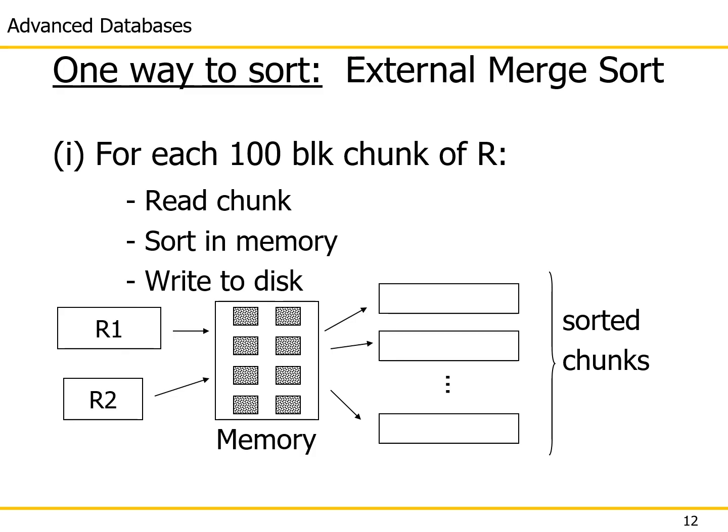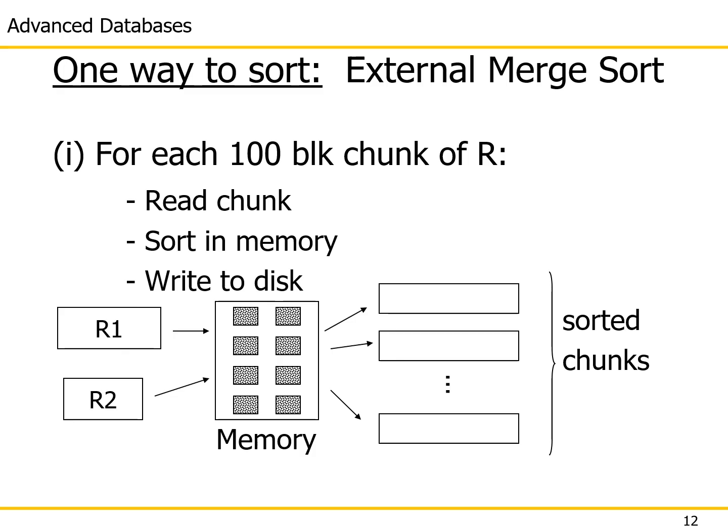In the textbook, it's described as reading in chunks, but you're still paying one IO per page anyway, because there's no benefit from keeping the page after you sort it in memory. You'll have to put it on disk to empty a space for the next page. So this is the first phase of what's called an external merge sort algorithm. Merge sort you will see in CSAN 703.